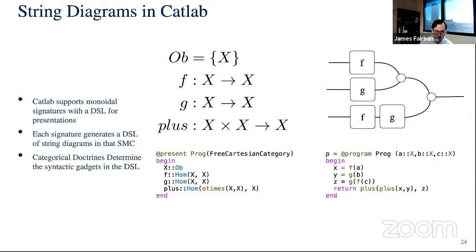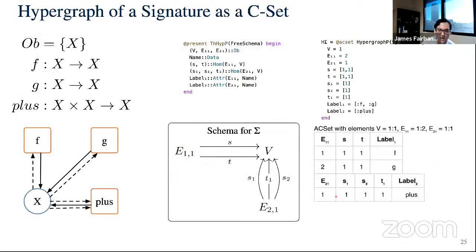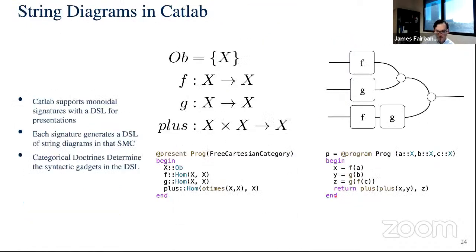If it was just a free symmetric monoidal category, that would not be allowed. I'd have to introduce a generator that allowed me to copy specific objects. But here in a free Cartesian category, I can copy it.